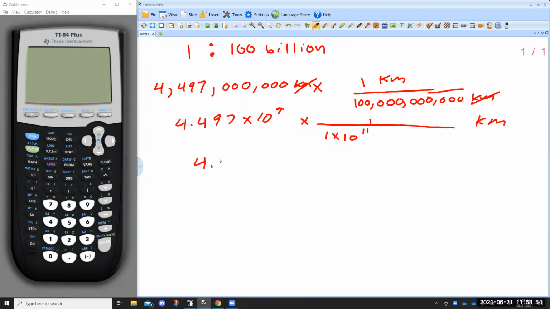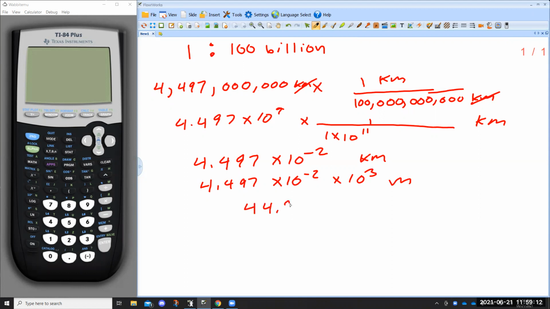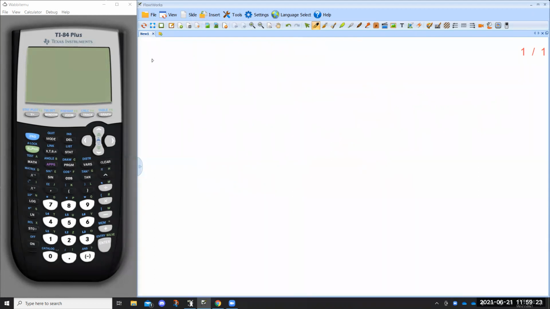So this is 4.497 times 10 to the negative 2nd kilometers. But kilometers, you want to go to meters. This is going to be 44.97 meters. Okay, sorry. Let's go ahead and do number 50.